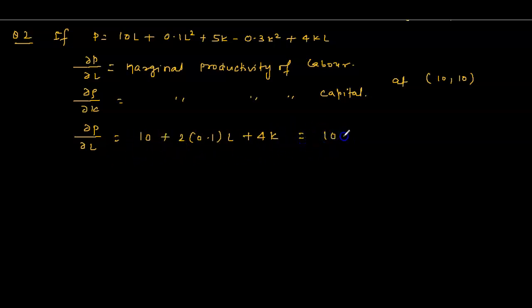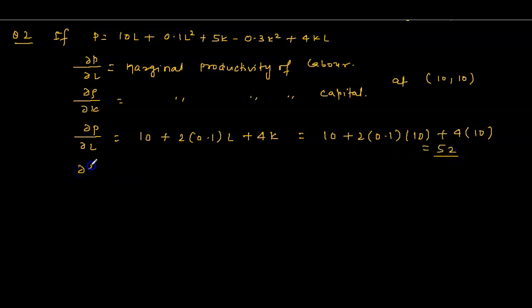So 10 plus 2 into 0.1 times 10 plus 4 into 10. This becomes 40 plus 2 plus 10, which is 52.